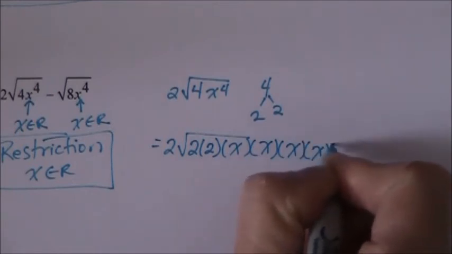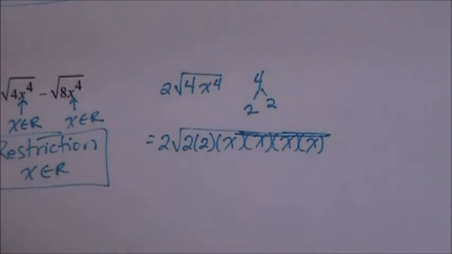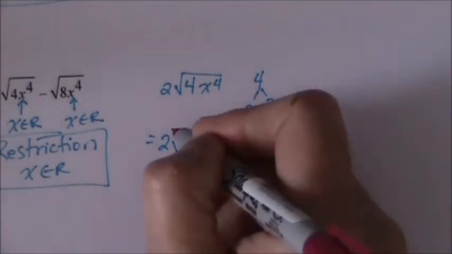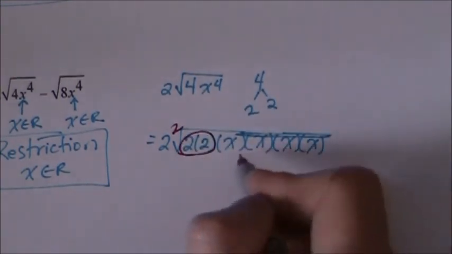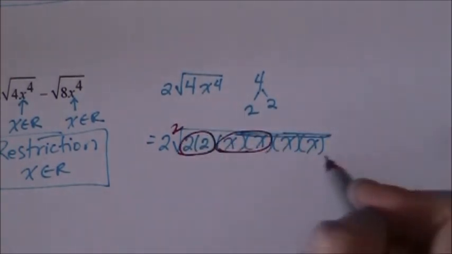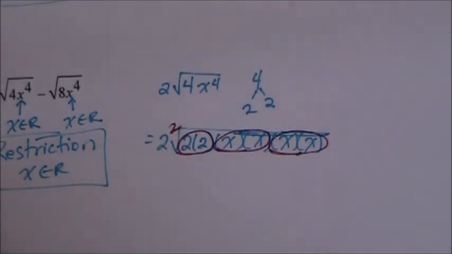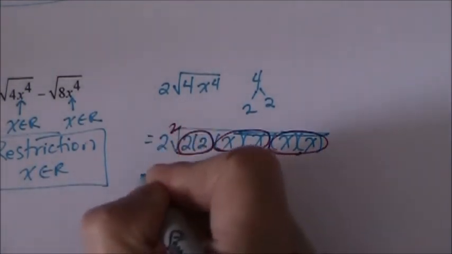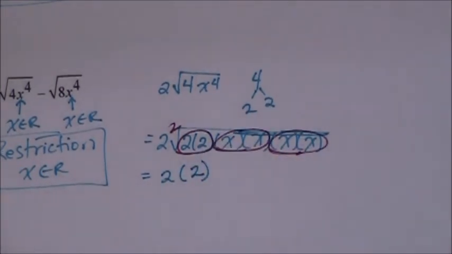And remember to expand your radical sign if you need to. No visible index is the same as an index of 2, so we're looking for 2 of the same. So these two can go together, these two can go together, and these two can go together. So as those move out, we have the 2 that was already out front, a 2 that joined it.